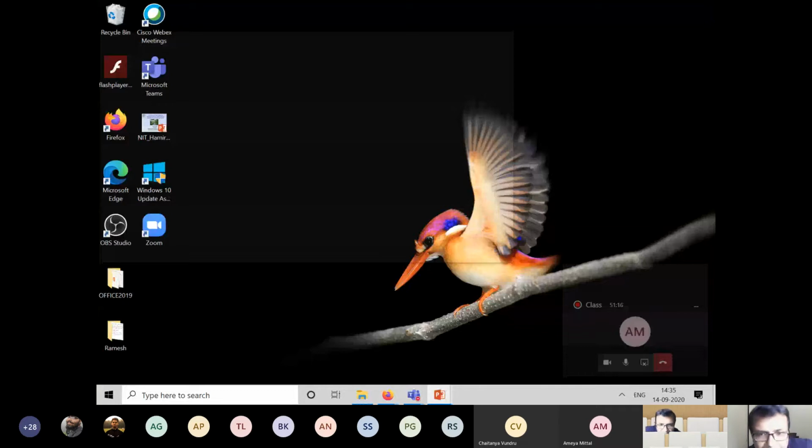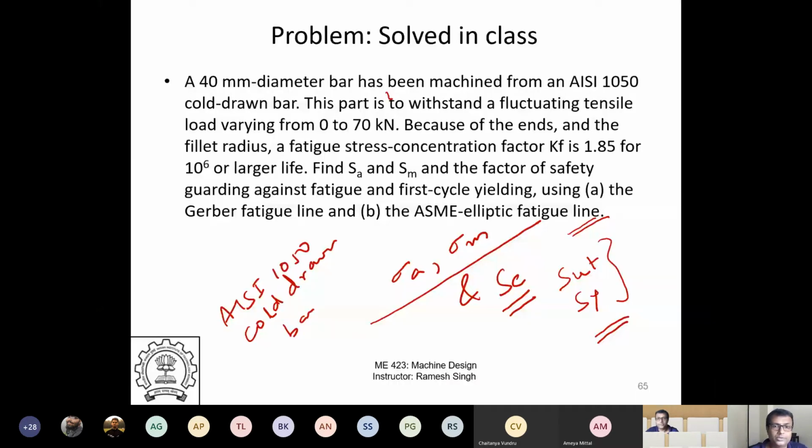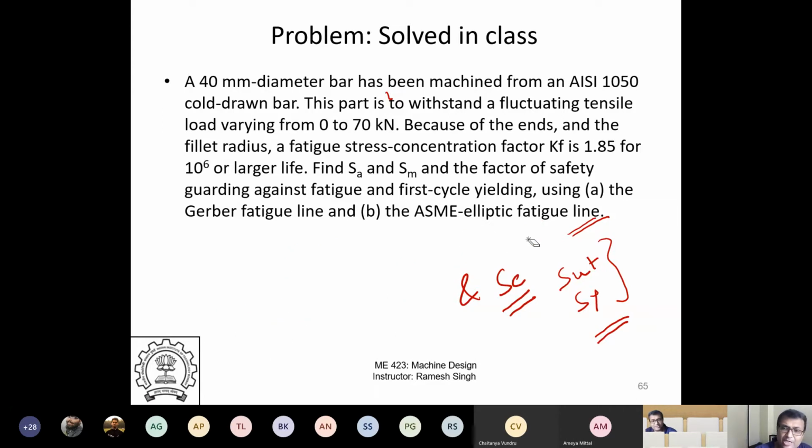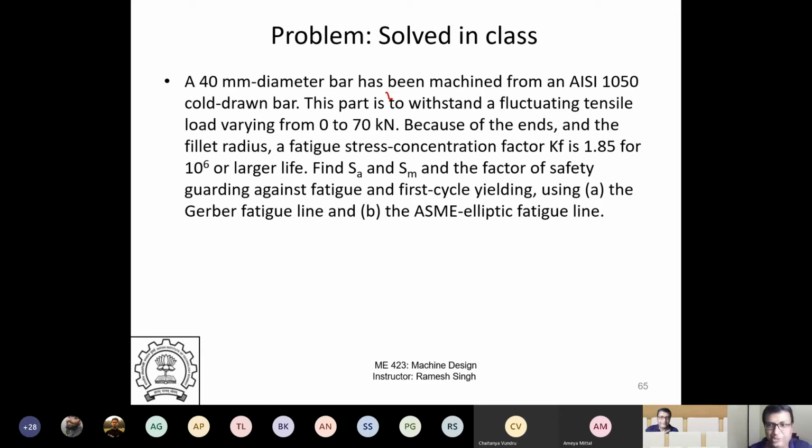What other modifiers do we have? What are the modifiers? Surface modifier, very good. Surface modifier is Ka. If you remember, shape, size.